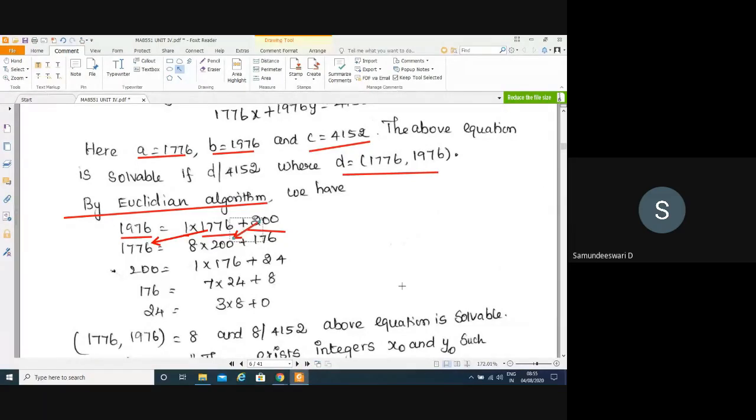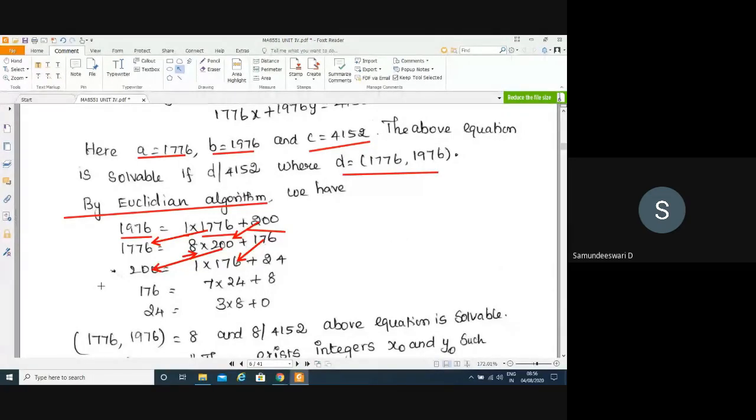Here the divisor is 1776, and I divide this by the remainder 200. We get the quotient 8 and the remainder 176. Here the dividend is 1776, the divisor is 200, the quotient is 8 and the remainder is 176. So again, come back.